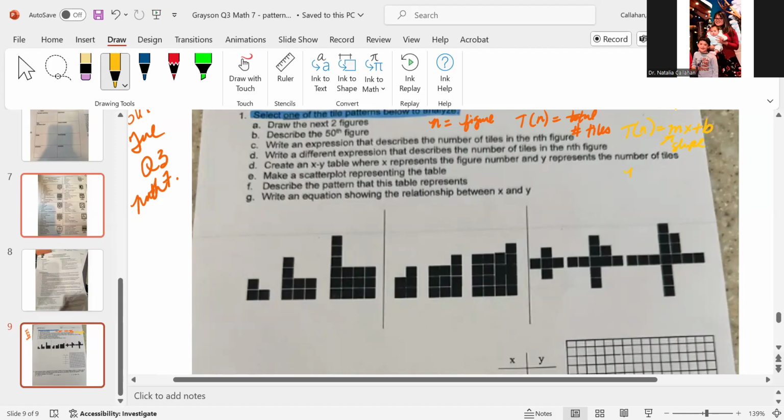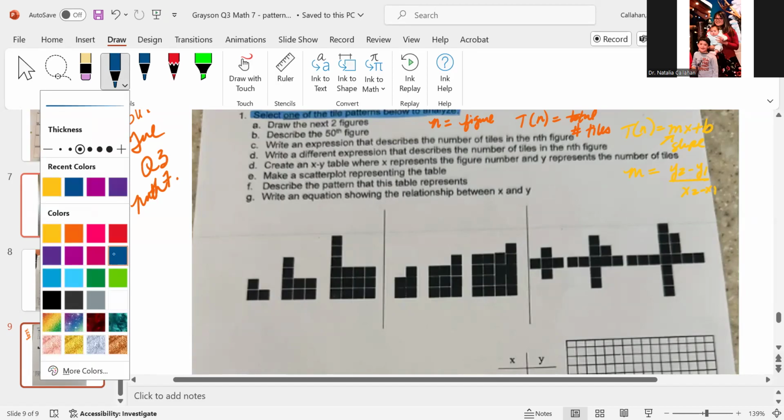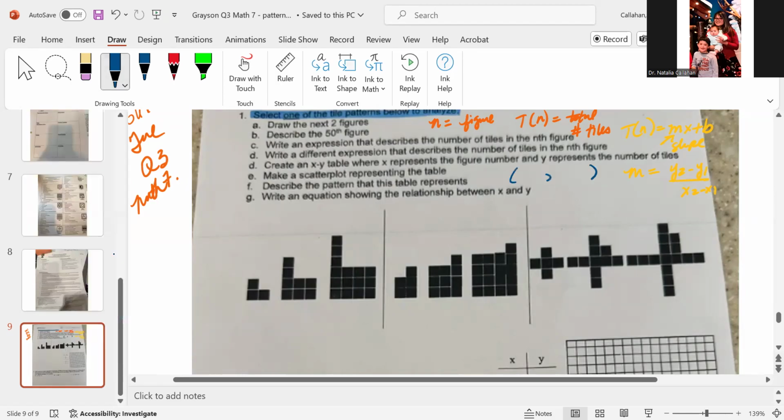To find the slope, which is m, you need to have 2 points, right? Which is y2 minus y1 over x2 minus x1. And the 2 points that you get are in the form of a coordinate, right? This one is x, this one's y. X is going to be the figure, y is going to be the number of tiles, right?